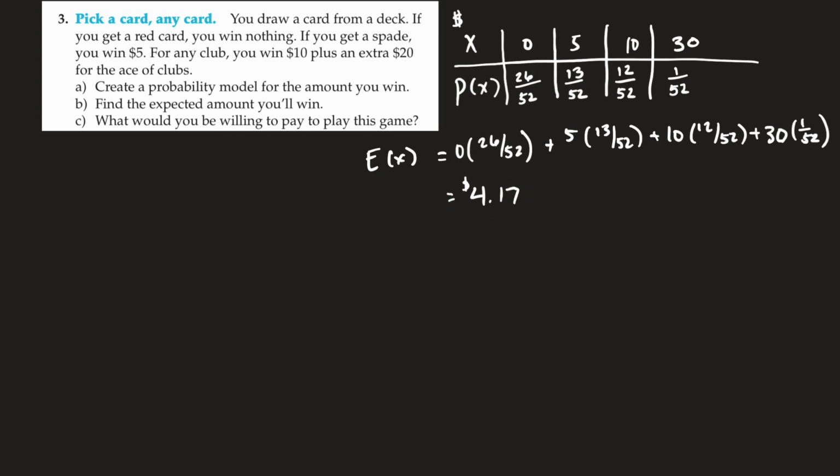So I, as a player, would want to make money. I don't want to lose money playing a game. So I'm willing to spend anything less than $4.17. As long as I spend that much money or less, I end up making a profit. If I play exactly that amount, I'm going to make nothing, and if the expected value is the amount of money I'm paying, that's what we would call a fair game.